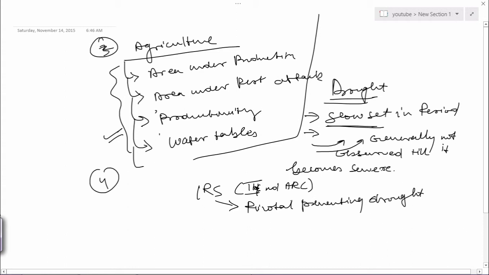So if we have falling productivity and falling groundwater tables and other things that are happening, we can have a bird's eye view of the whole region, and we can see that there's a drought which is creeping in. So it's more easily noticeable, and the first step towards management of any disaster is to prevent it from taking place. That is preventing a hazard from becoming a disaster.